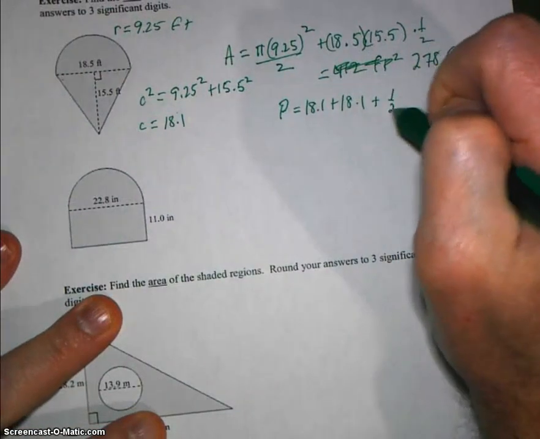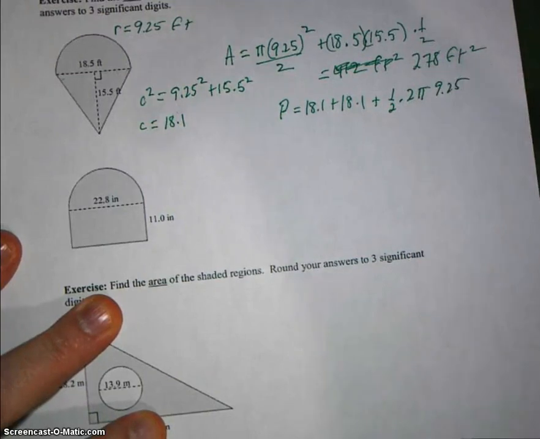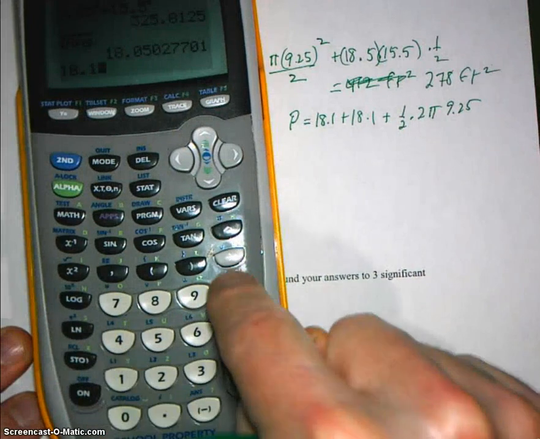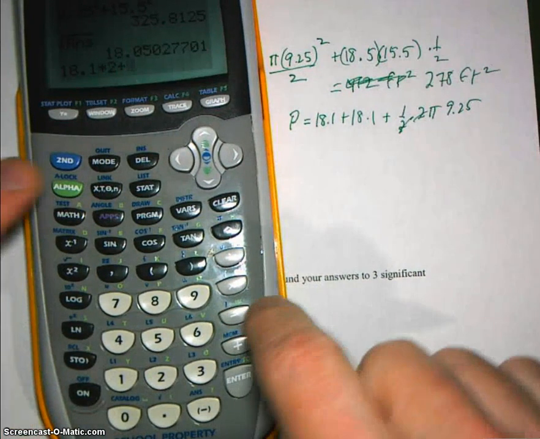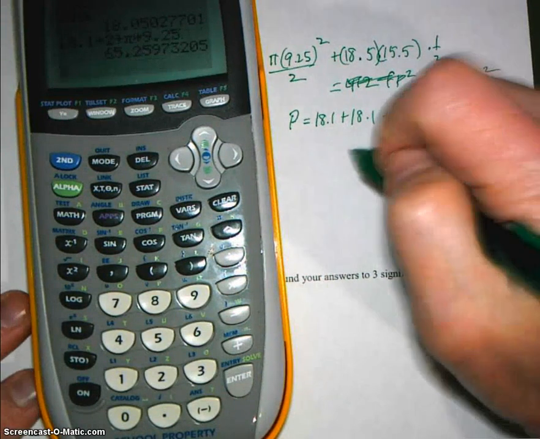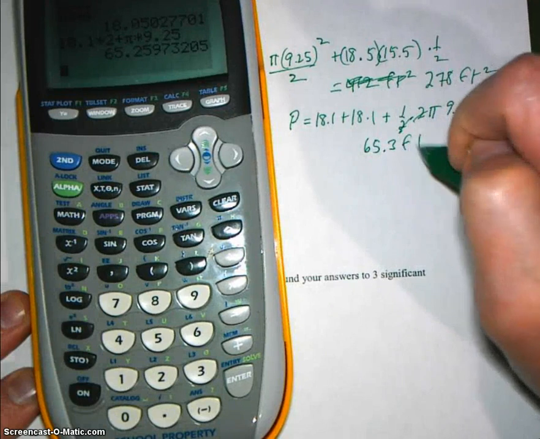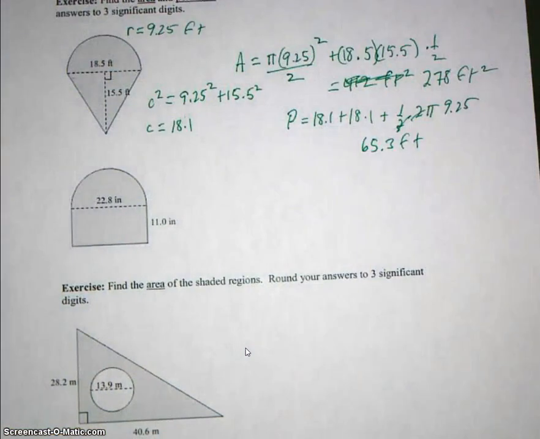So that's 1/2 times 2 pi r. All right, 18.1 times 2 plus, well, these reduce out, so I really just need pi times 9.25. So that's 65.3 feet, rounding to 3 significant digits. All right, I'm going to have to pause and finish this sheet off with a second video.